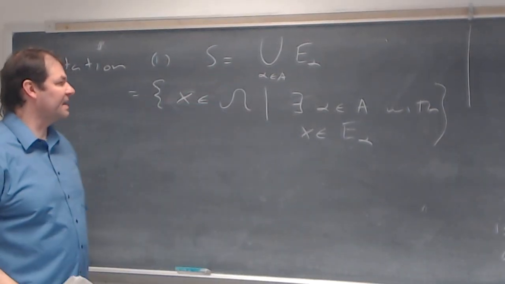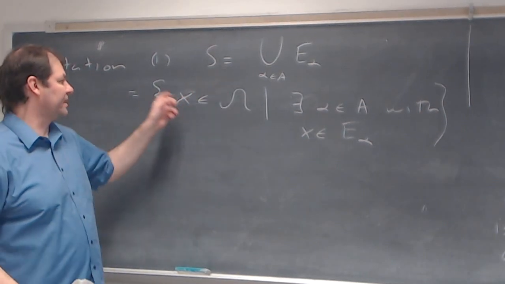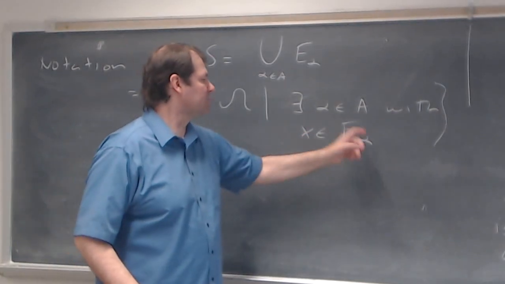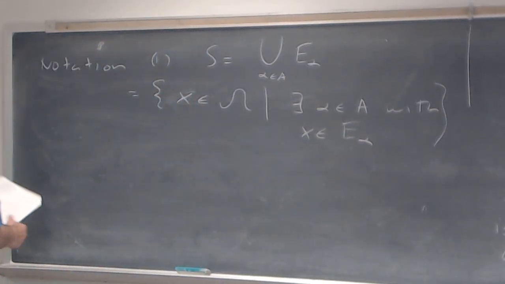So what does it mean to be in this union? Well, this union is the collection of all objects from omega such that x is in one of the E sub alphas, at least one of them.